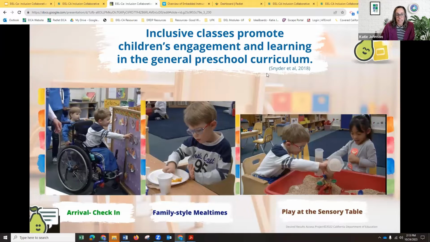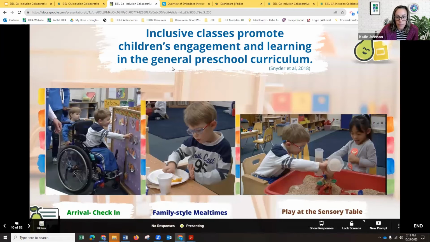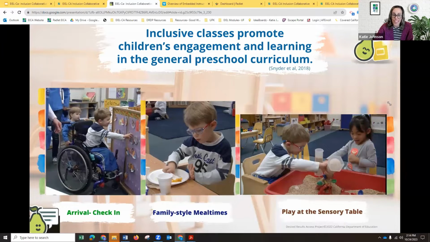You can see we've got Ian here. Ian is during arrival and check-in. He's working on some of these skills. During family style meal times and during play at the sensory table, we can see that we're actually creating these engaging opportunities for him to work on some targeted skills.